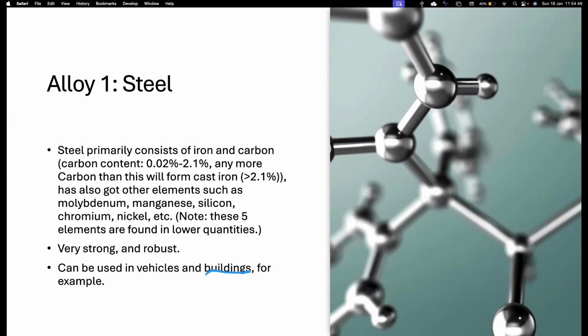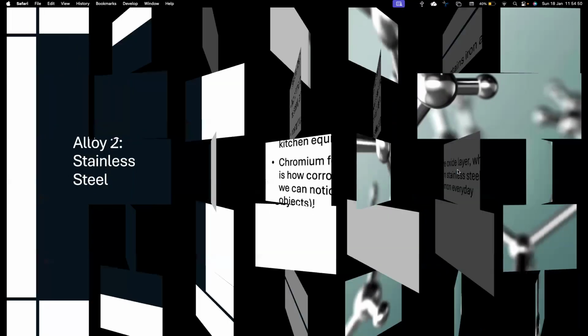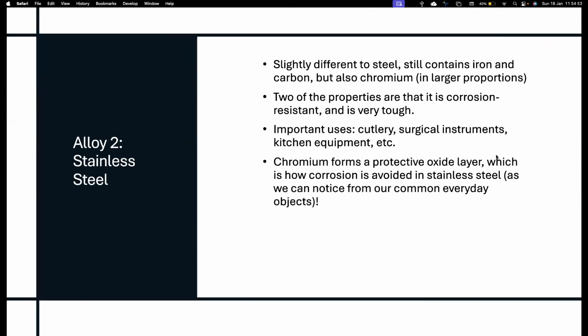So let us move on to our second alloy, which is stainless steel. It is similar to steel, but slightly different. It still has iron and carbon in a similar quantity, but it has a larger proportion of chromium. Chromium has a key property: it is corrosion resistant and very tough.